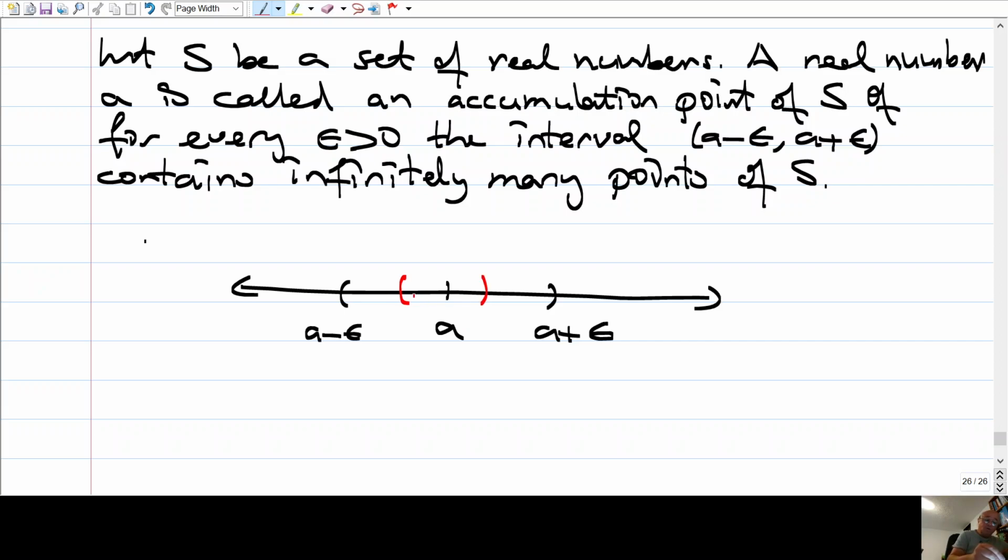This interval also should contain infinitely many elements from S. This should hold for all epsilons.